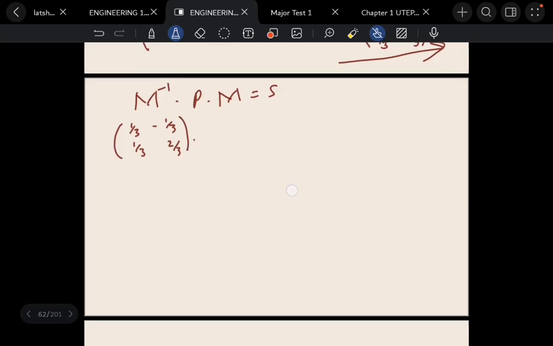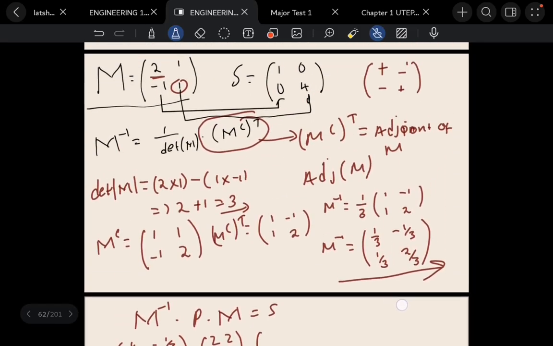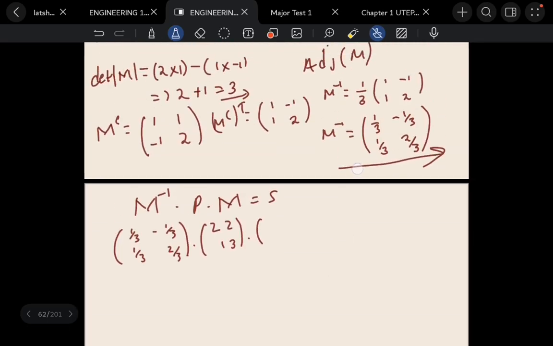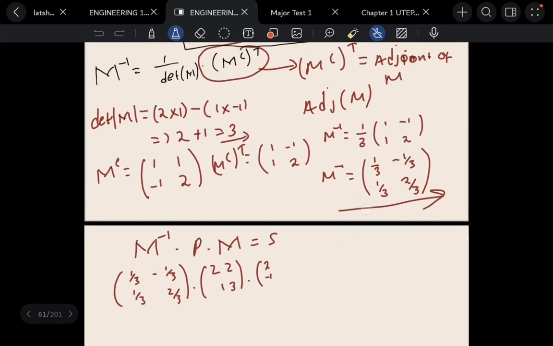Now what is p? P is 2, 2, 1, 3. What is m? M is 2, negative 1, 1, 1. And this thing here must give you 1, 0, 0, 4.